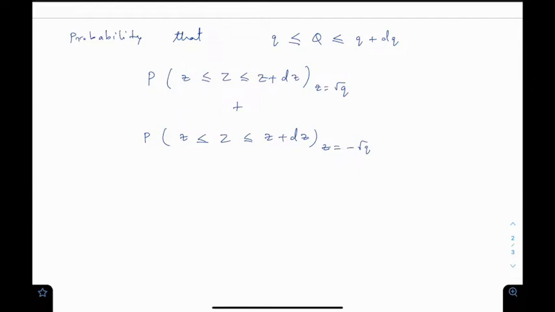So we must add the PDFs obtained from the plus z going to q transformation as well as the minus z going to q transformation.